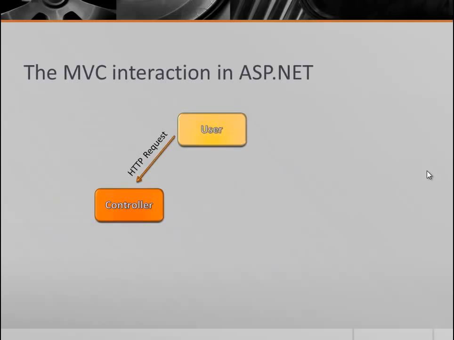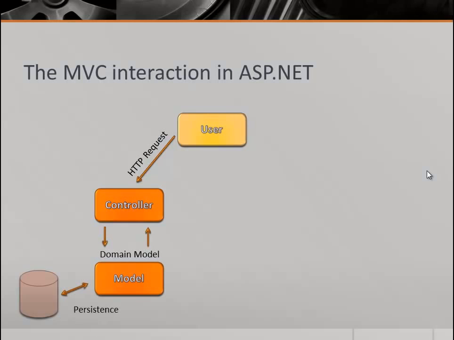The way that the user interacts in ASP.NET MVC4 is that a user will enter a URL in some browser, and that URL gets routed by the routing engine inside ASP.NET MVC4, and the first stop is the controller.